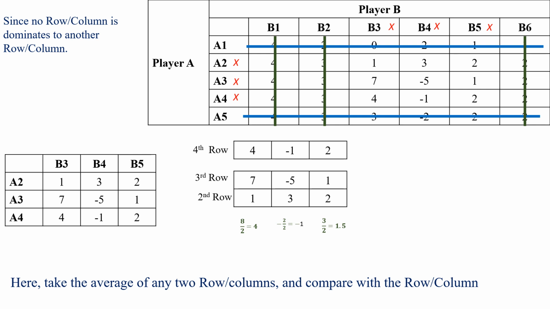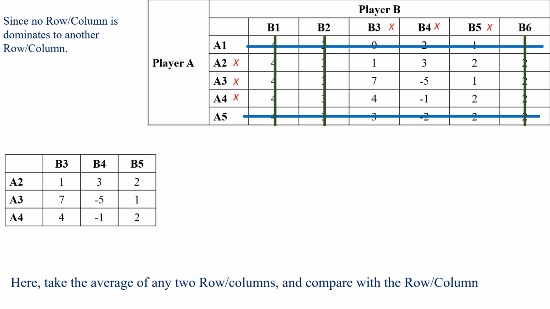Then compare the fourth row elements with these average values: 4 equals 4 and minus 1 equals minus 1, and 2 is not less than and not equal to 1.5. So here also the dominance rule is not satisfied.